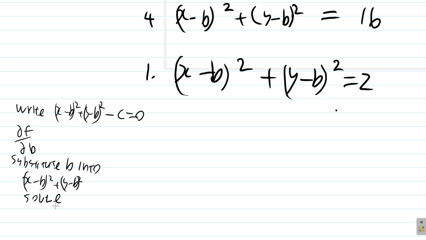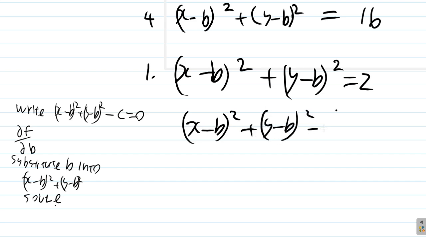Now, while you're solving it, you're going to meet up with a quadratic expression to deal with, and so on and so forth. All right, so let's see how this works out. We write (x minus b) squared plus (y minus b) squared minus 2 equals 0.